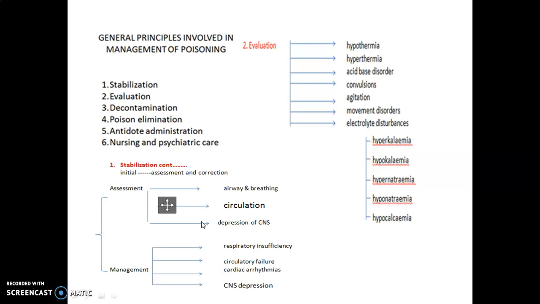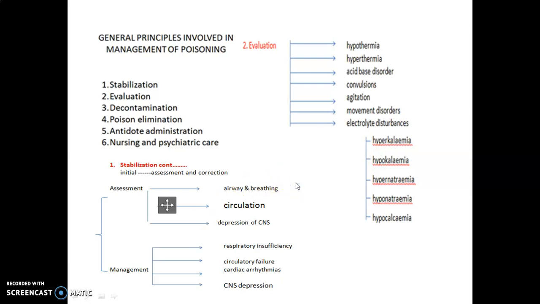This is followed by evaluation, where we look for hypothermia, hyperthermia, acid-base disorder, convulsion, agitation, movement disorder, and electrolyte disturbances, which include hyperkalemia, hypokalemia, hypernatremia, hyponatremia, hypocalcemia. These are commonly observed because of the poison administration in the body.